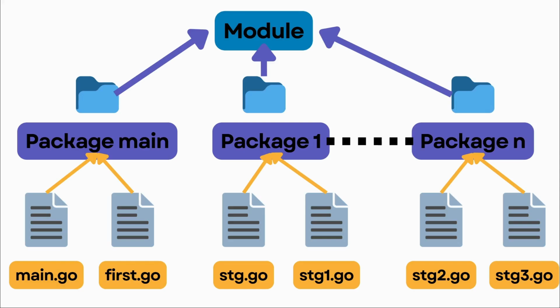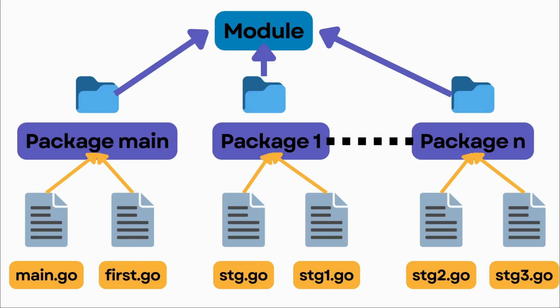In the same way, we have multiple Go files, and these files are organized into different packages so that we can use them accordingly. The main package consists of the main.go file, and it contains the main entry point, which is the main function. That is what you have to remember, and this is a mandatory package.